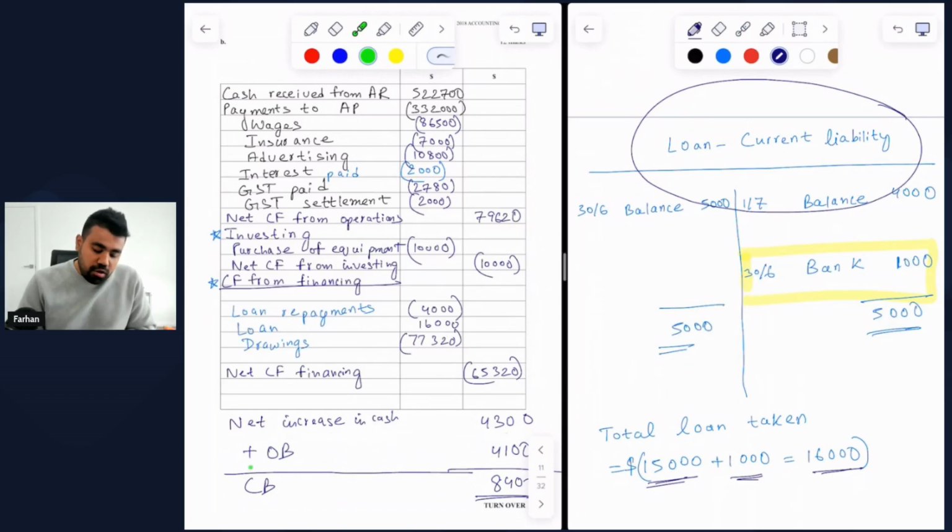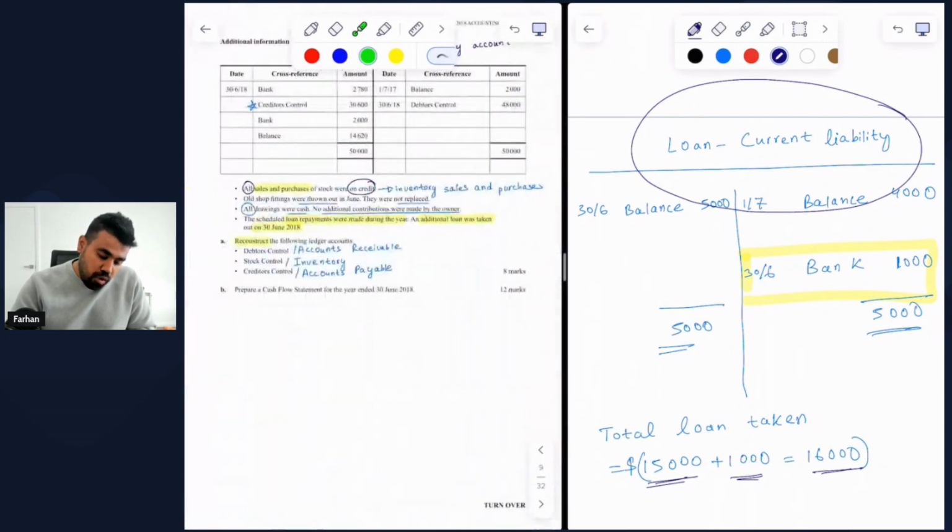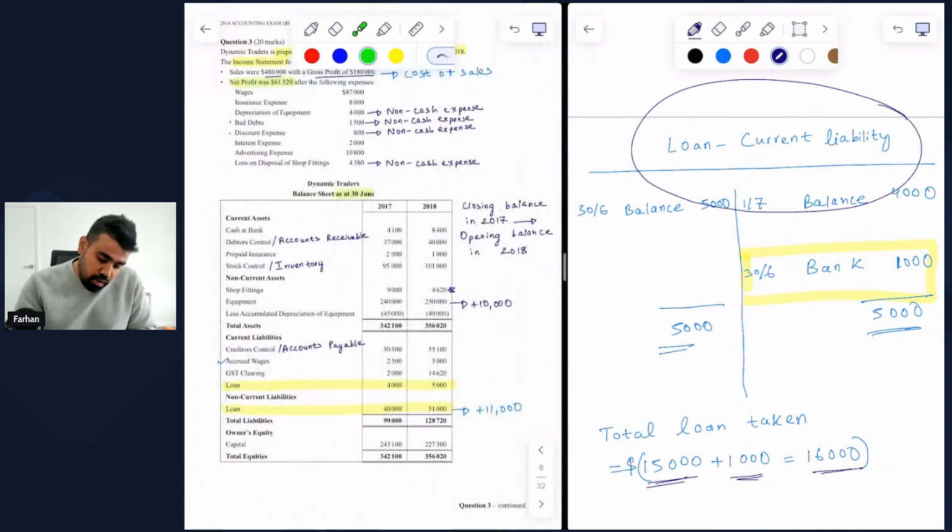So I just got lazy here and wrote plus OB. You can write plus the opening balance from 1st of July 2017, which is 4,100, something we have sourced from the balance sheet. As you can see, the cash at bank at end of 2017 was 4,100, which would be the opening balance in the financial year 2018.